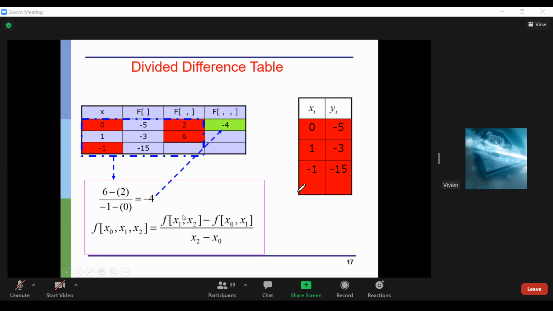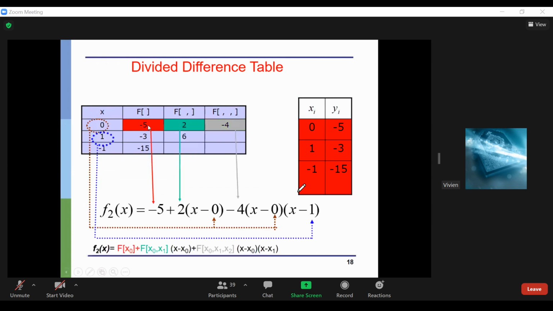So with this we have P0, so f2(x) will be equal to P0 plus P1 (x minus x0) plus P2 (x minus x0)(x minus x1).